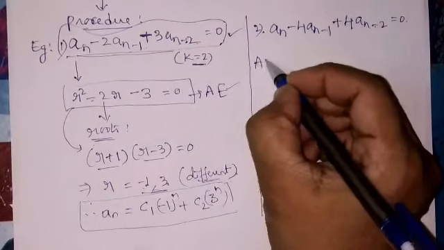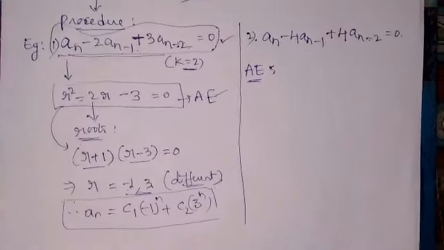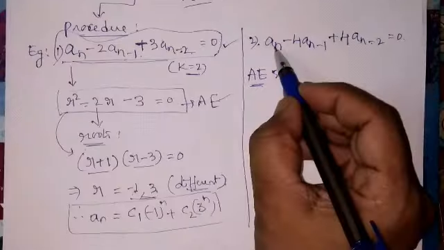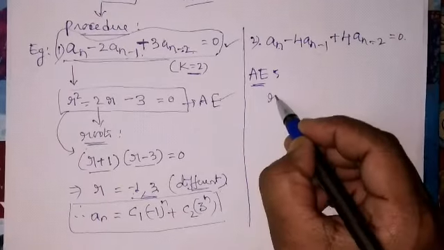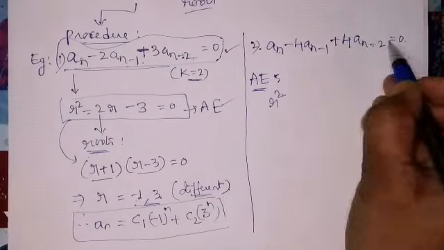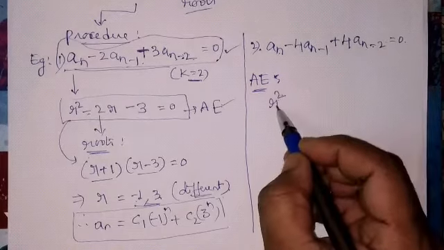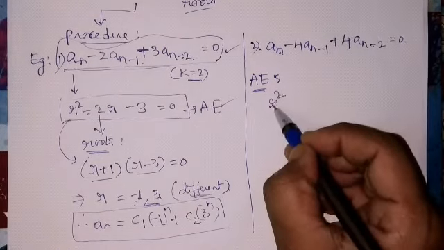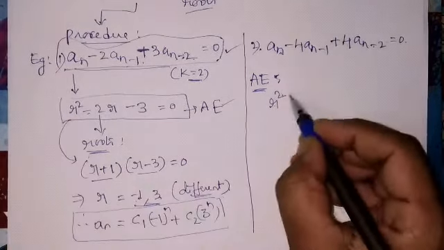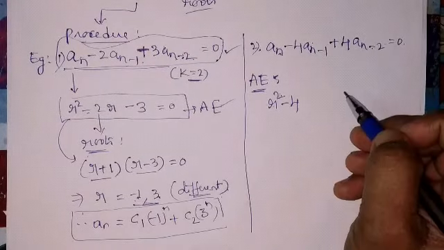So we are straight away writing the auxiliary equation by the rule we have already told. First a_n is replaced by r square. We are writing 2 here because the order is 2. If the order is 3, we would have written r power 3 instead. Next term, minus 4 a_(n-1).